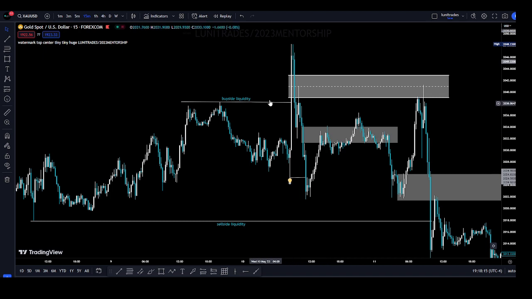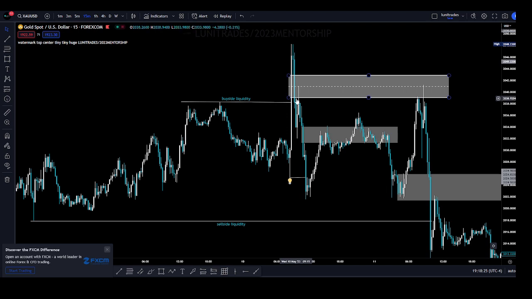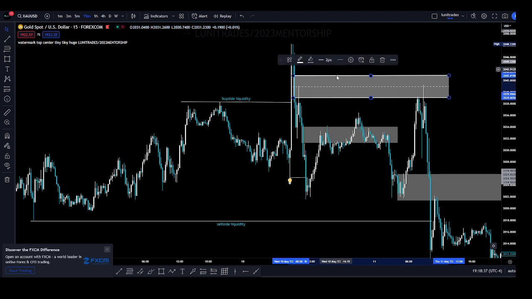Now the fair value gap will be, look at this candle, first candle, second candle, and third candle. So the low of this to the high of this, there's a space there, right? Can you see the space? So the low of this candle to the high of this candle, that's what you're going to pick.